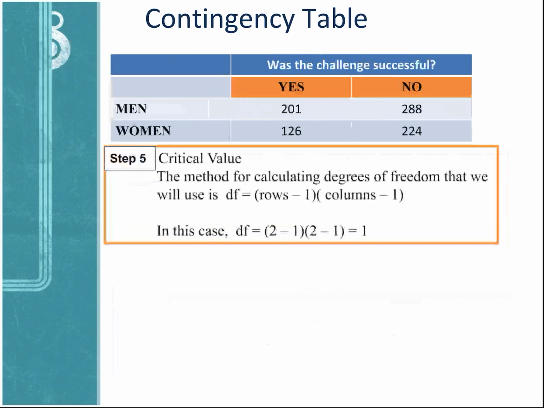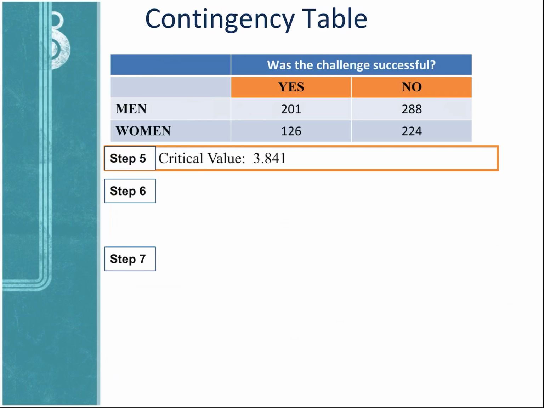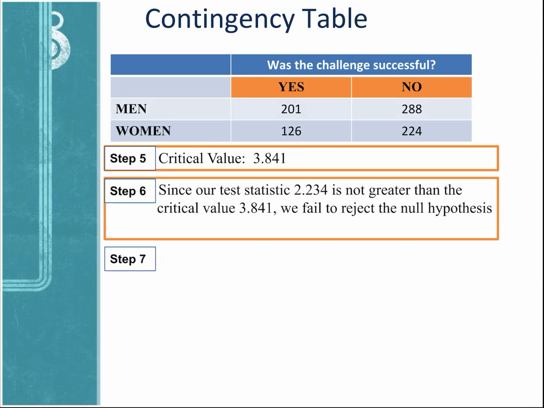So our degrees of freedom is very small. We get 1 degree of freedom. Going to your chi-squared distribution table and looking up degree of freedom 1 and the 0.05 significance level, we should come up with a critical value of 3.841.